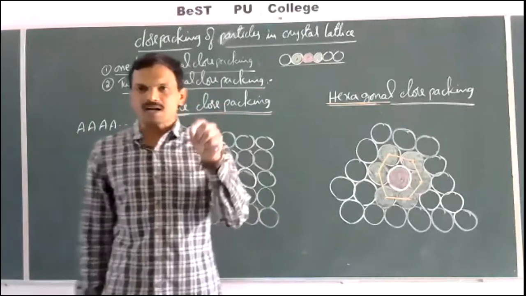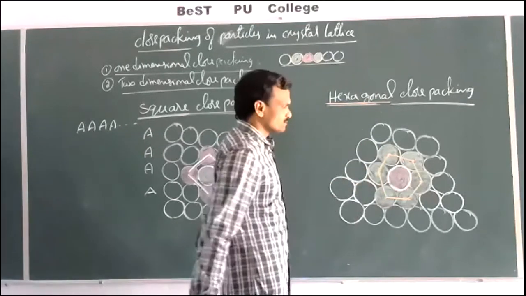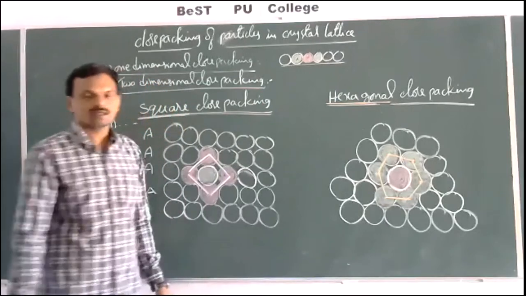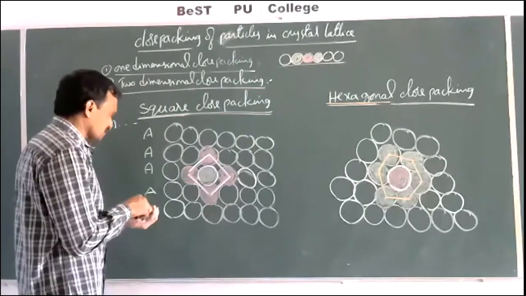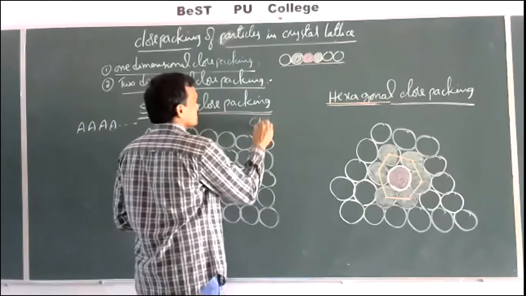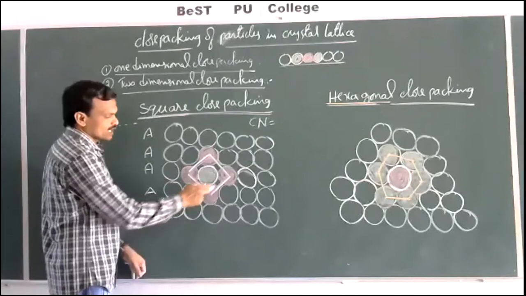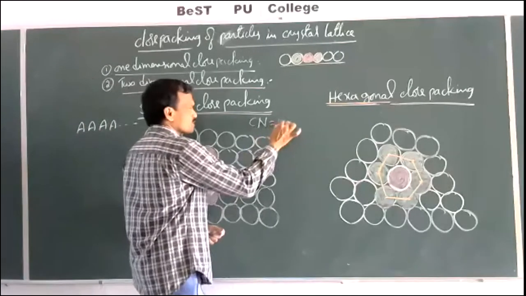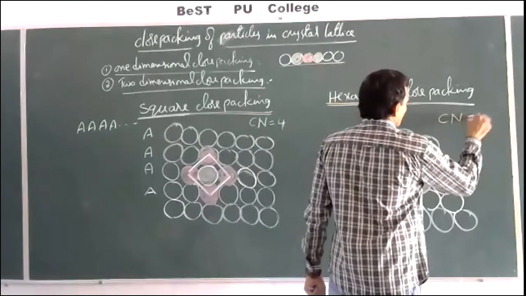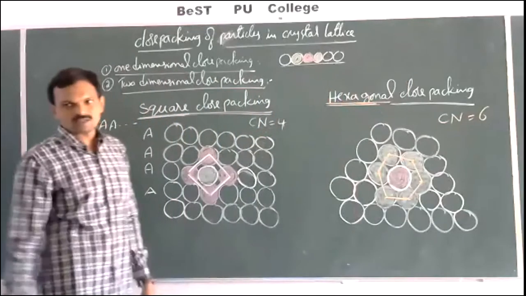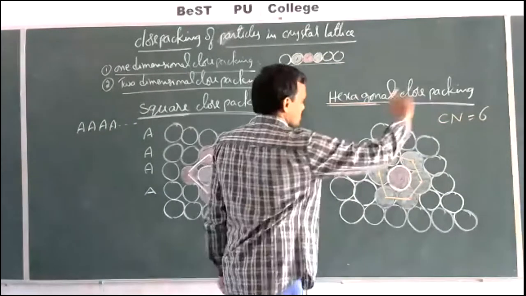That means each particle is in contact with 6 other particles in the shape of a hexagon. Now, in square close packing, the coordination number is equal to how much? In two-dimensional square close packing, each particle is in contact with 4 nearest neighboring particles. So the coordination number is 4. In hexagonal close packing, the coordination number is equal to 6. That means each particle is in contact with 6 particles.